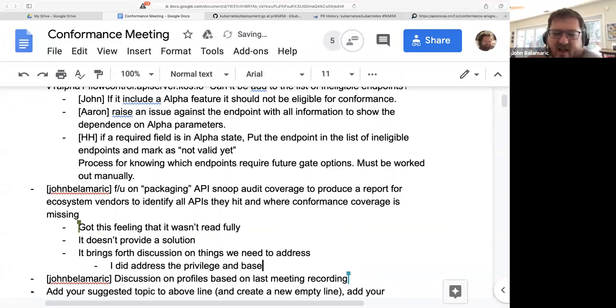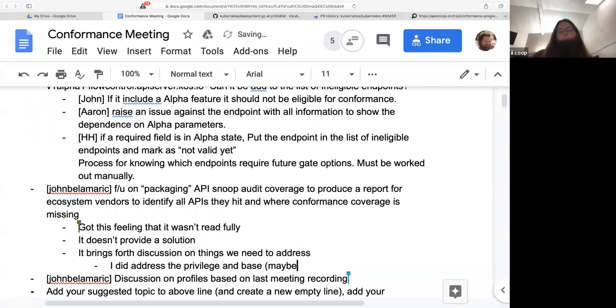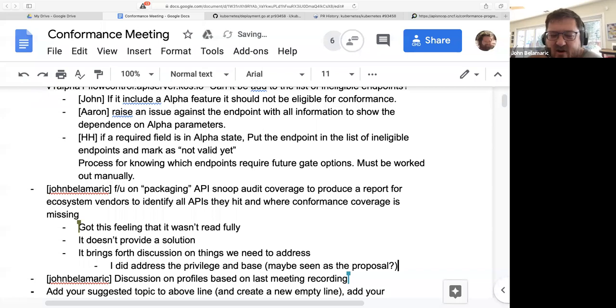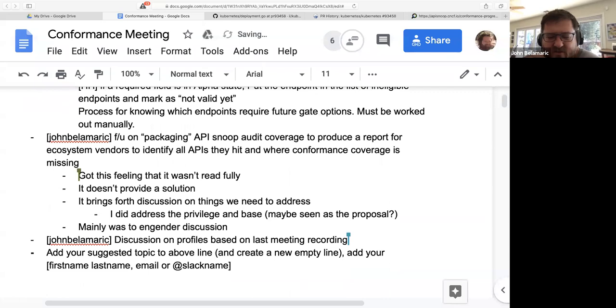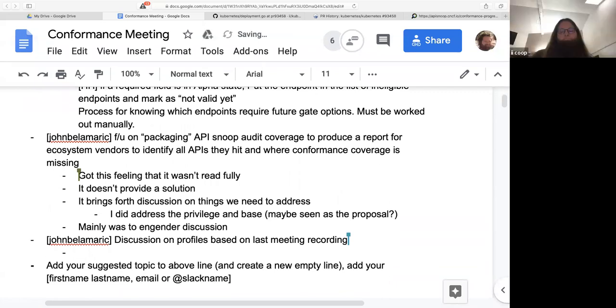But the point of that really was to engender some discussion about, one of the things, Aaron, you brought up that, sorry, I've jumped to the second one, but we can change the notes later. You're coming from the user perspective, right? Brad's coming from the vendor perspective.